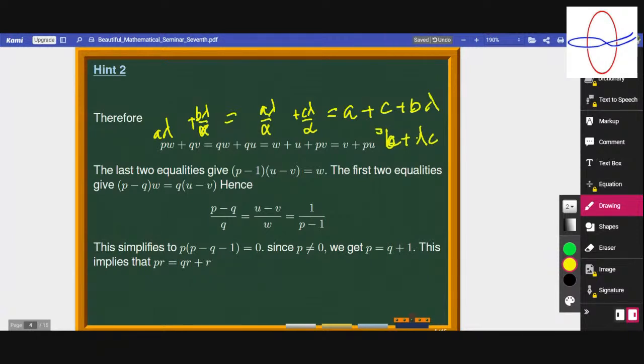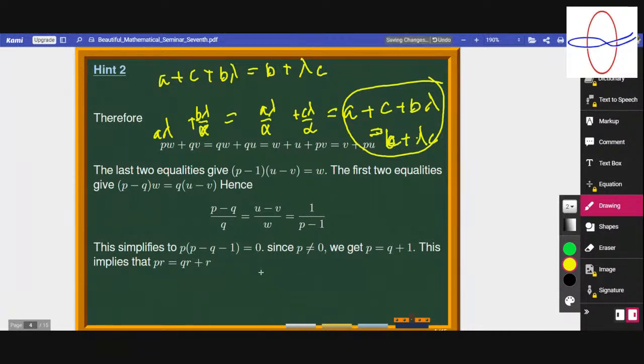Okay, so we have done exactly the same manner, okay? But the idea is that here we have selected a different set of equations. So just select the different set of equations, okay? Just select this set of equations, the last two equalities. So if you take these two equalities, that A plus C plus B lambda equal to B plus lambda C, I think you will get it.